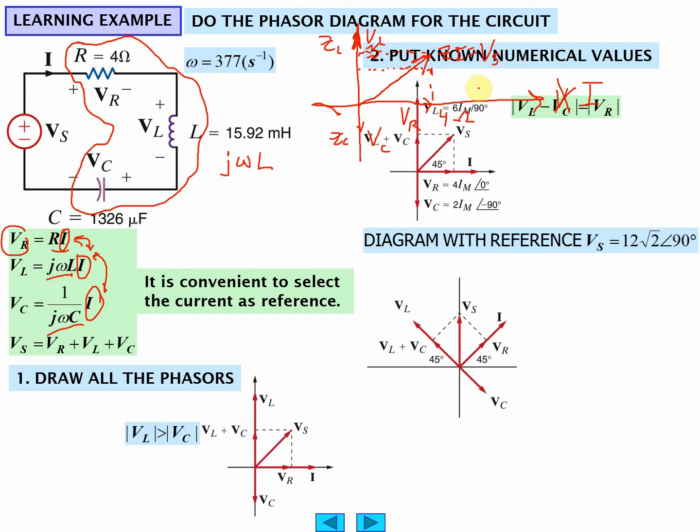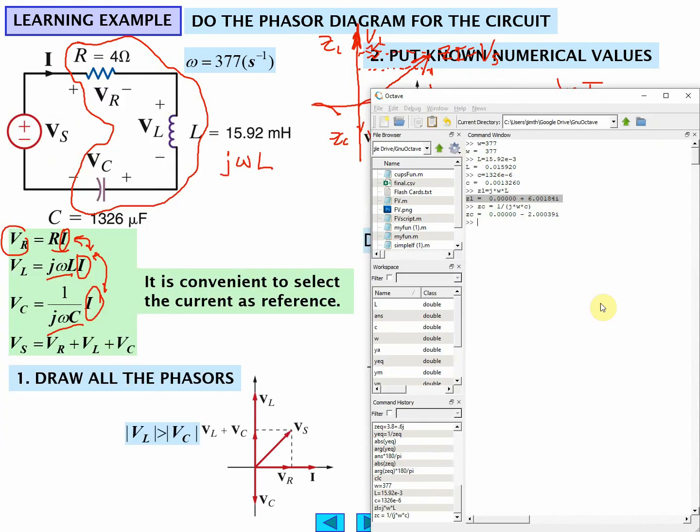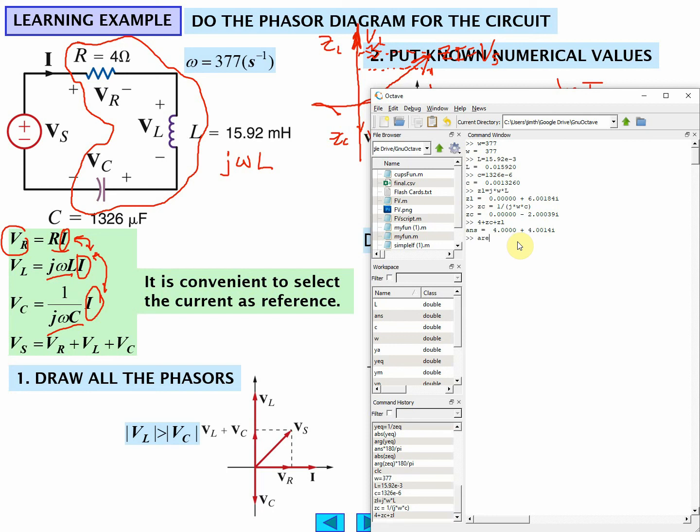Okay, I wonder if Octave is going to tell me that. Let's go for it. See, that'd be 4 plus ZC plus ZL. That's the total impedance. And that looks really close to 45 degrees.